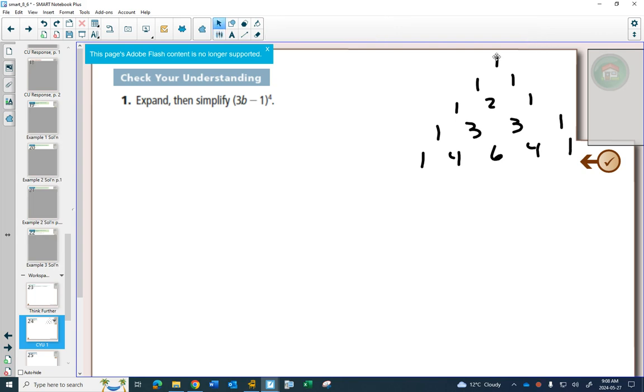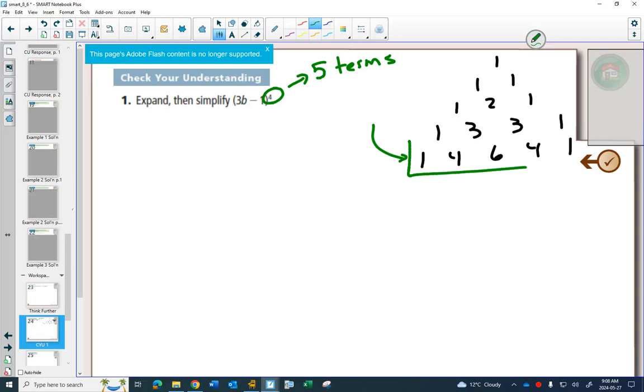And the first pattern I want you to notice is whatever the exponent is, so this time our exponent is a 4, that means that your expansion is going to have 5 terms. So in Pascal's triangle, I'm going to go to the row with 5 terms.